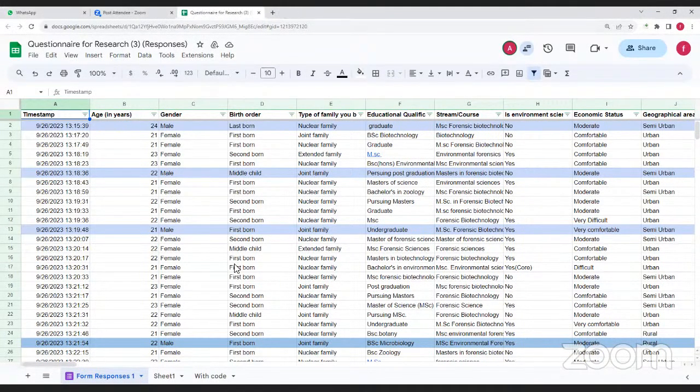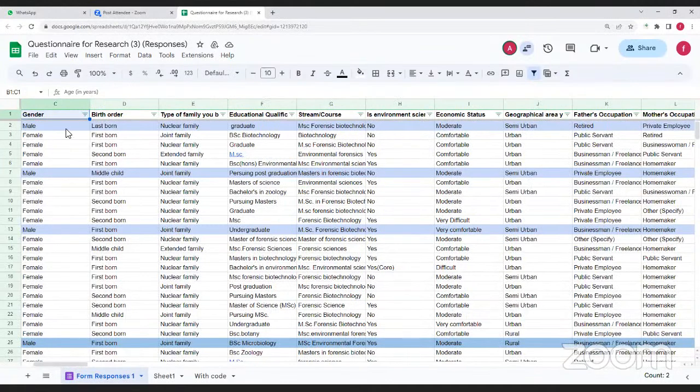Okay. So Farah, you can select age and gender. This total data, only the age and gender.